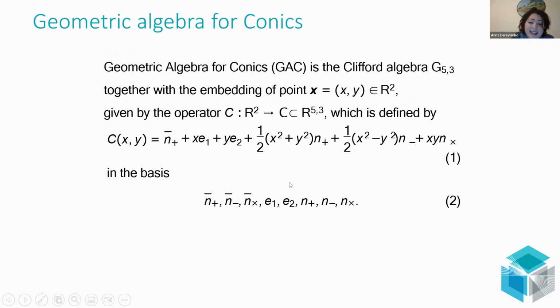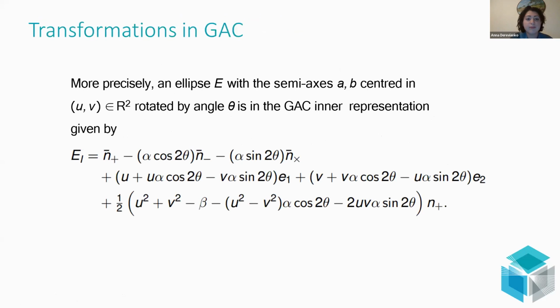In our basis, we have 2 Euclidean parts, basic elements e1 and e2, first Euclidean and second Euclidean vector. We have 3 origins, n plus bar, n minus bar, and n cross bar, and 3 infinities, n plus, n minus, and n cross. And with the following embedding, we get into our space.